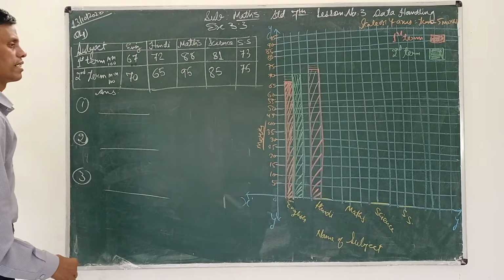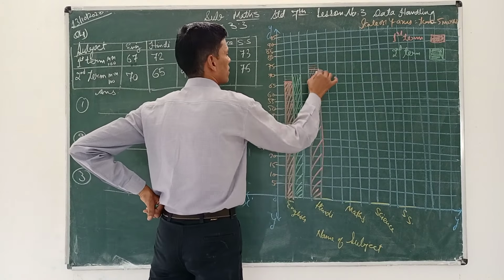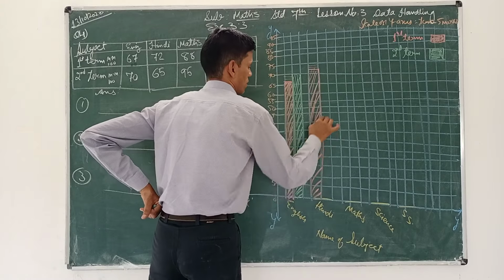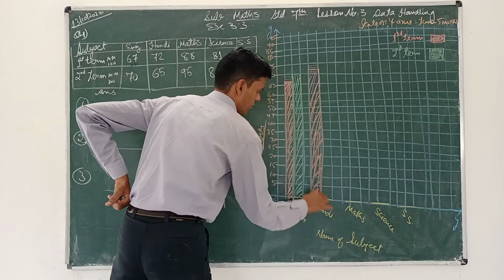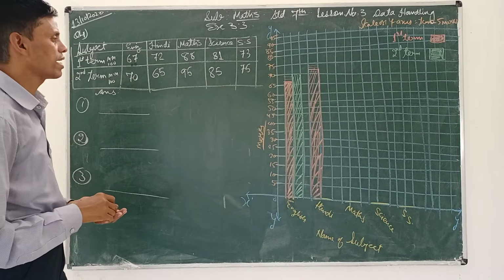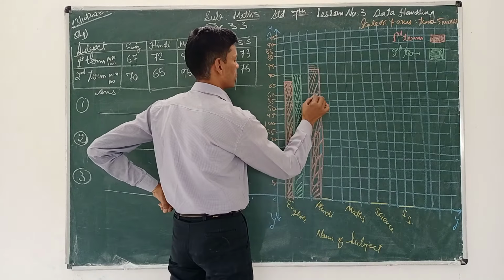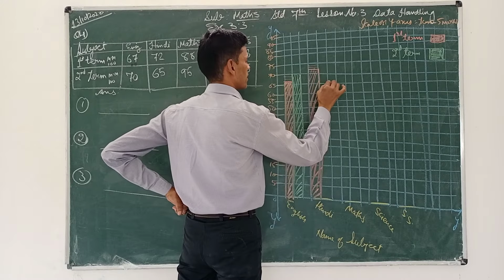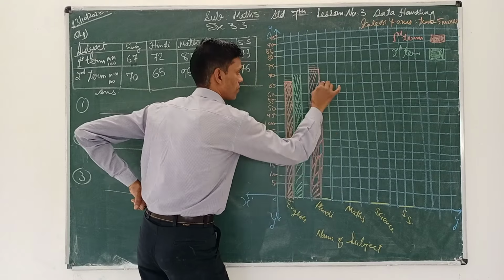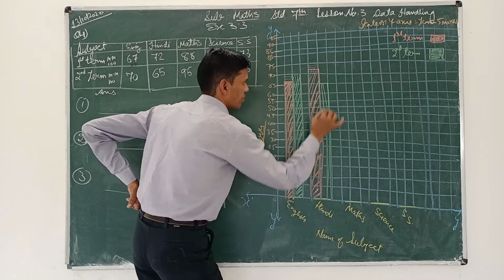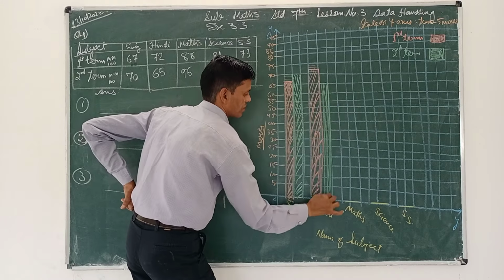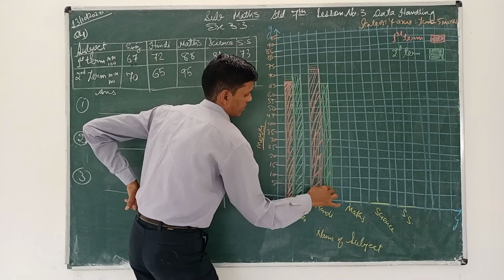This is Hindi first term. Like this you can shade. Next one is 65 in Hindi. Where is 65? 60, 65, like this. You can plot and shade with different colors or a different style.